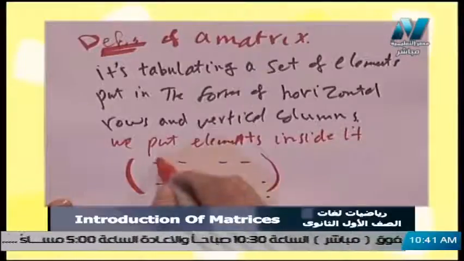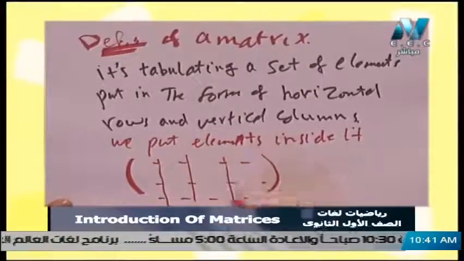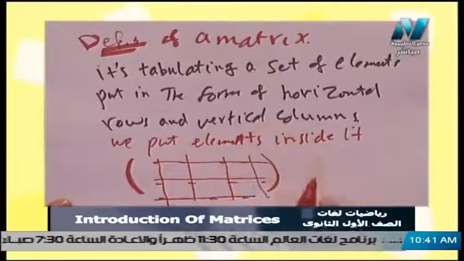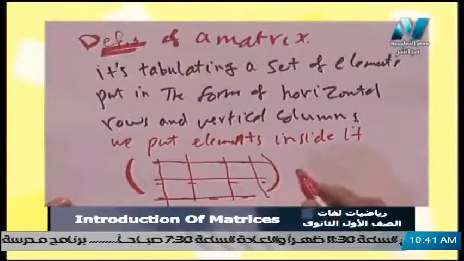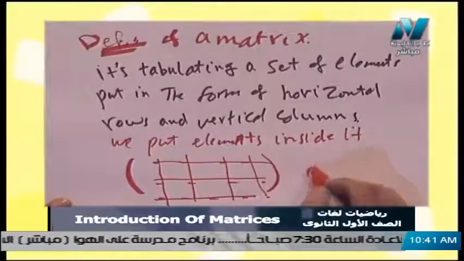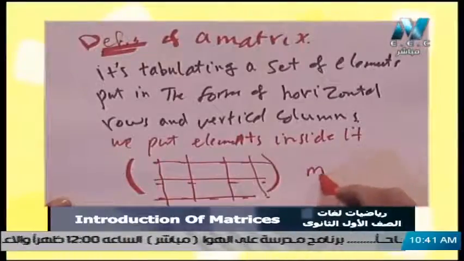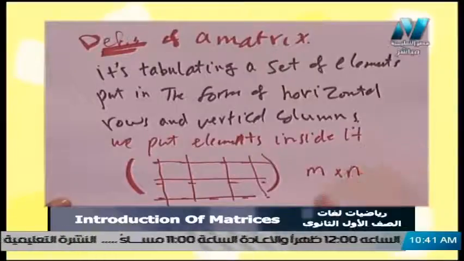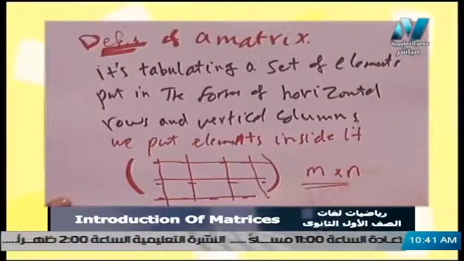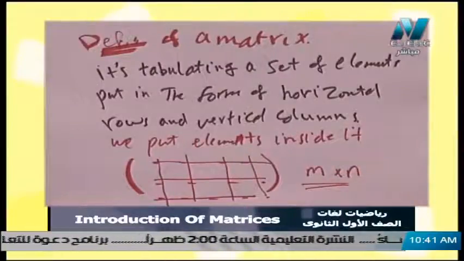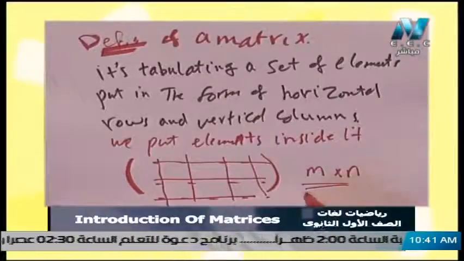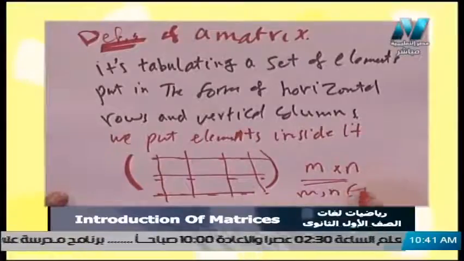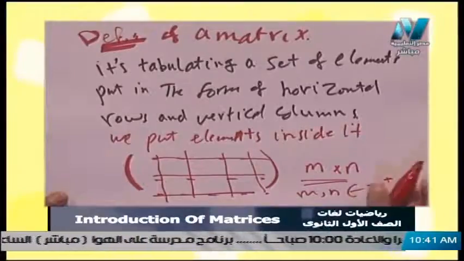Okay, and we have columns. We have rows and columns. The number of rows is called M, and the number of columns is N, so its order is M by N. M and N belong to the positive integers Z.